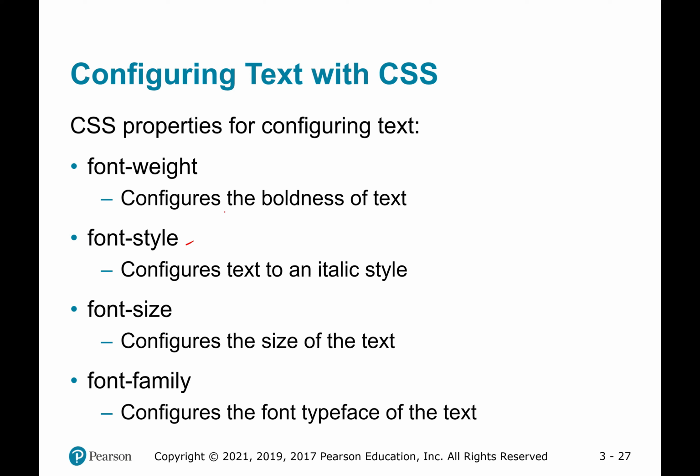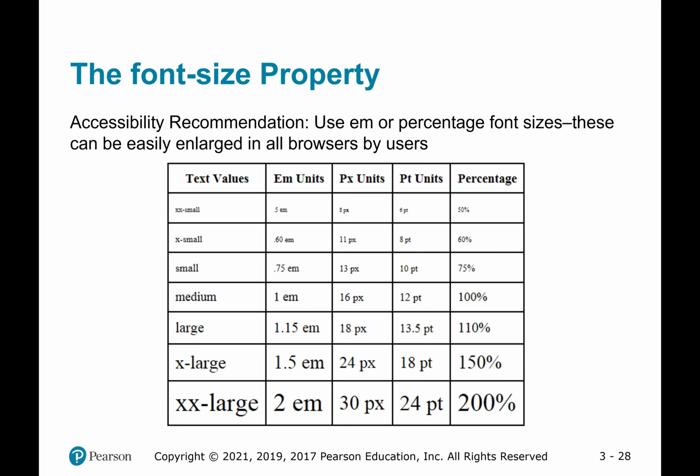Font family actually configures the font typeface. That means what type of font you are using. For the font size, what value do you have to put? The values can be in 4 different kinds of units. It can be in em units, pixel units, point units, and percentage.